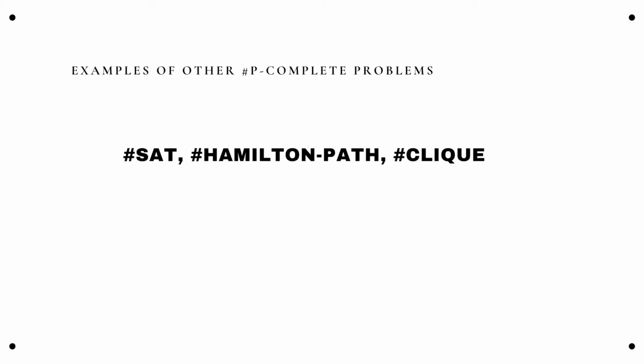A Hamilton path is a path in an undirected or directed graph where every node is visited exactly once. Counting the number of such Hamilton paths is the sharp version of the problem, #Hamilton path. And #clique is counting the number of cliques of size k.